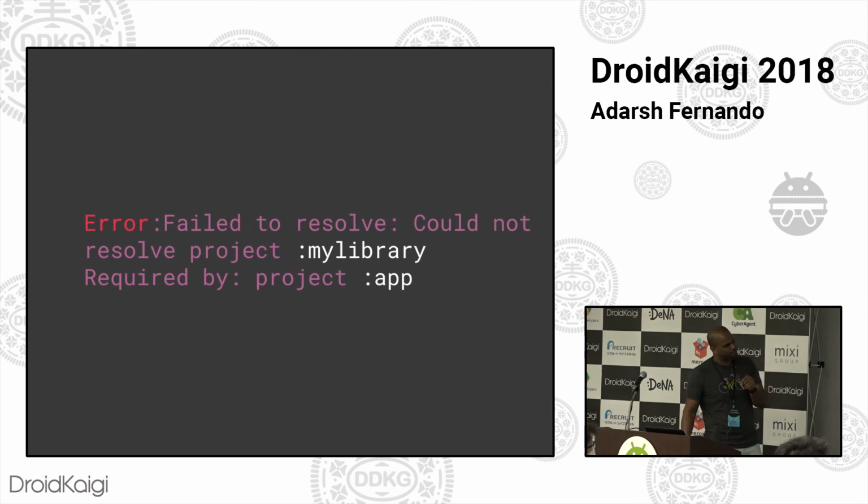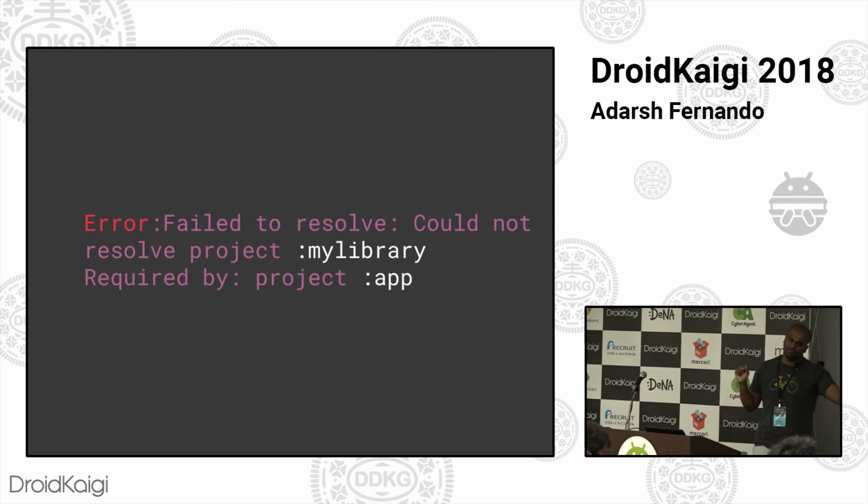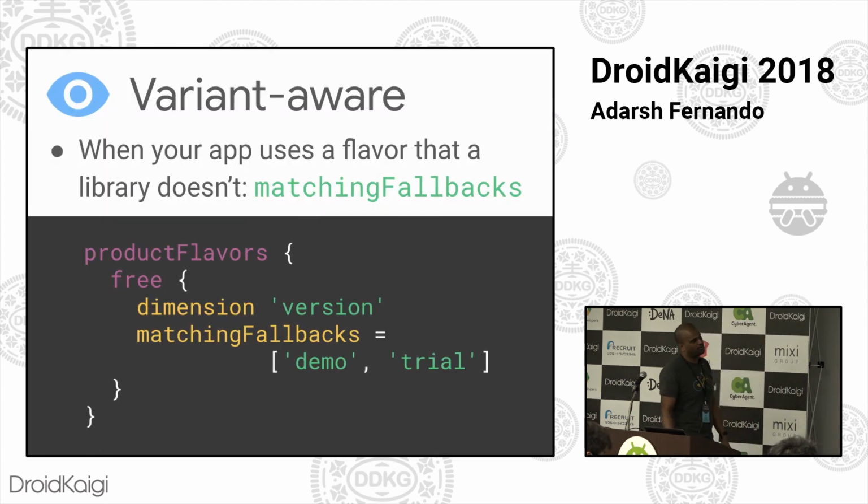In that case, you do get this error, and this one's quite cryptic, and it's because once the plugin publishes to Gradle the variants on the app side and the variants on the library side, we actually don't know what causes the error on the Gradle side. So we just get this cryptic error message from Gradle. Just a heads up. But if we have that case, when your app uses a flavor that the library doesn't, you use a matchingFallbacks DSL property.